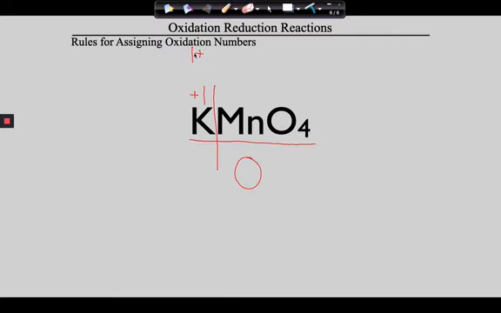Technically, we know that because when we put this into water, potassium loses an electron to MnO4, and it becomes potassium 1 plus. The oxidation number tells us how many electrons it could lose, and in this case it's 1. So the charge and the oxidation number are the same. If this is +1, what has a charge of -1? The Mn or the O4?